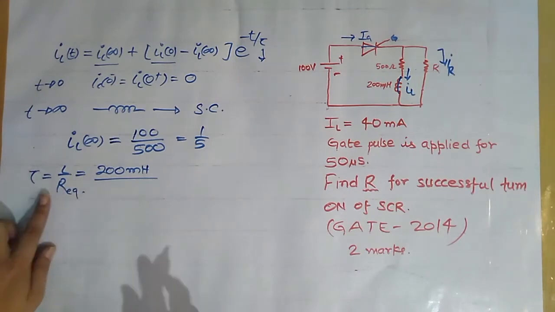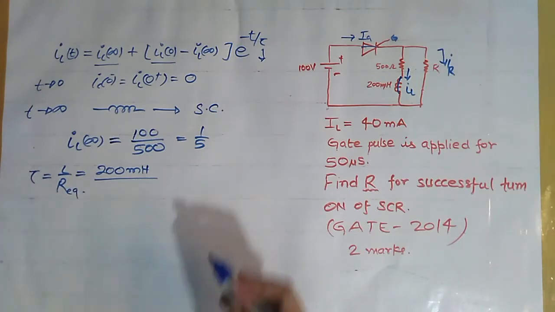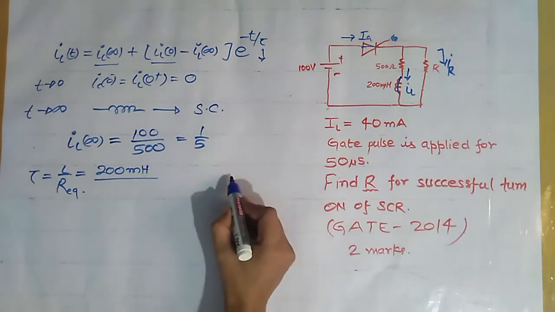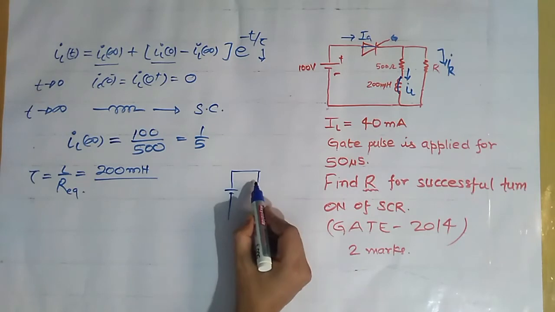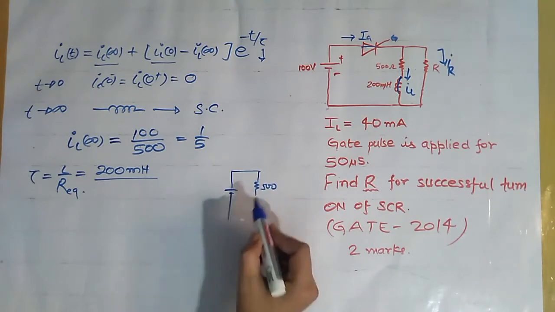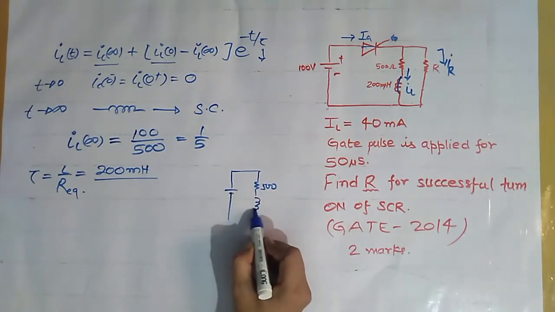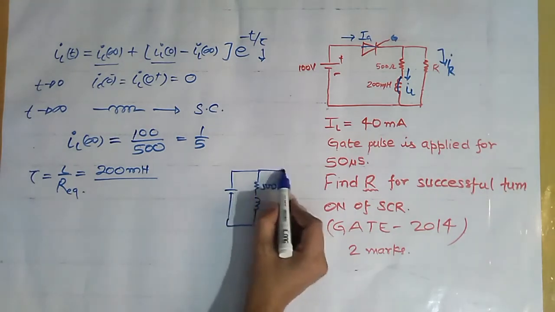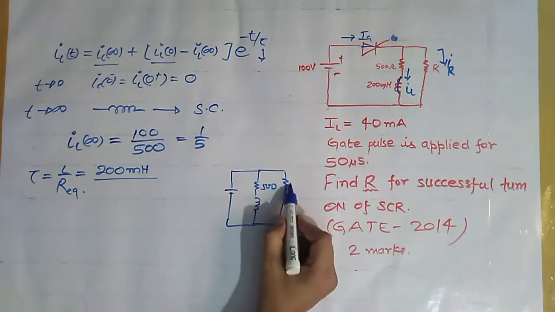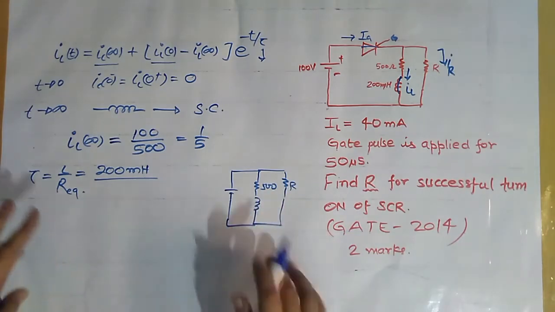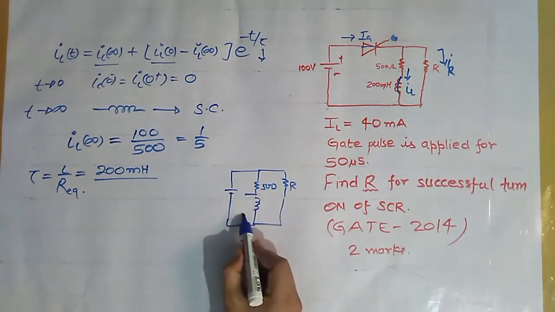To understand this, we redraw this circuit separately. Suppose this is 500 and this is the inductor, and this is resistance R. Now we have to find the equivalent resistance across this inductor.